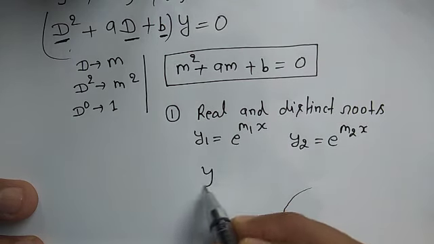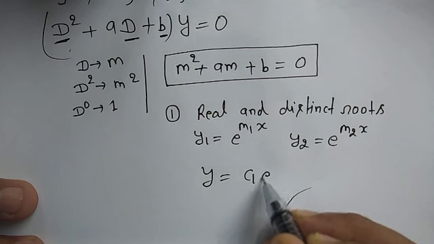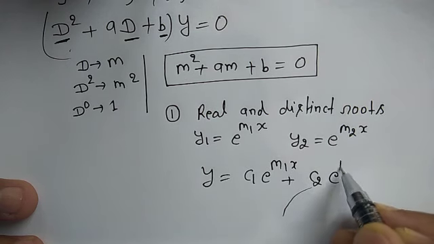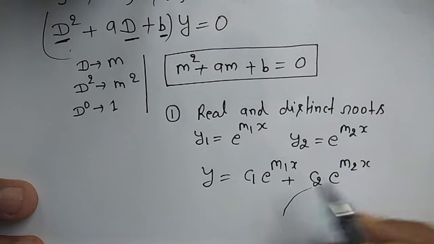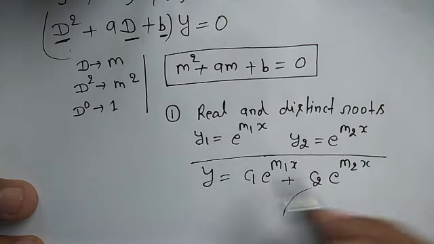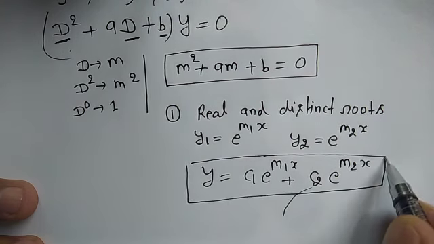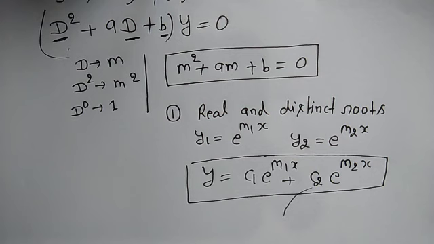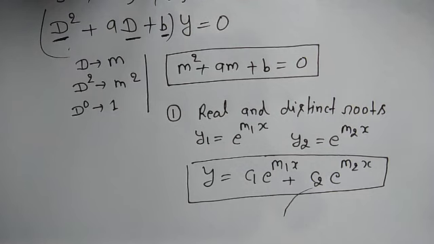So the general solution y will be c1 e power m1x plus c2 e power m2x, using the principle of superposition. If you have two solutions, then a linear combination of these two solutions is also a solution of the homogeneous differential equation.